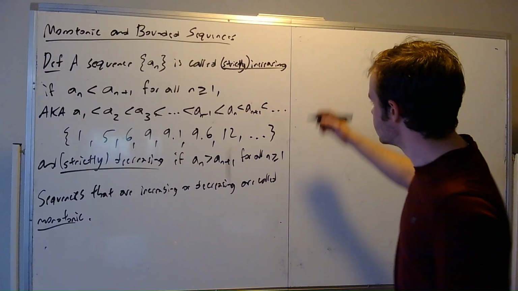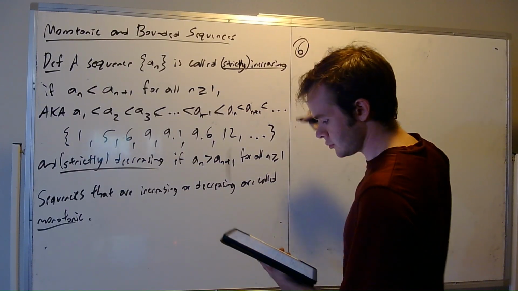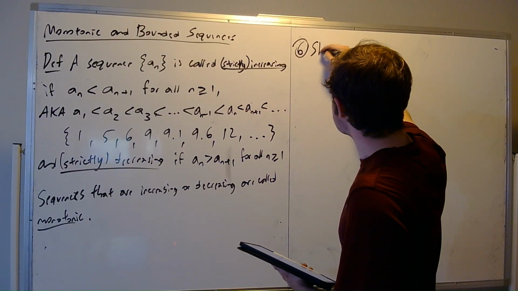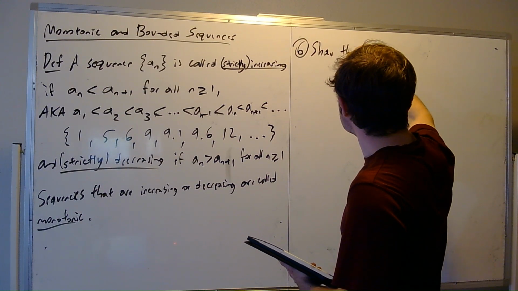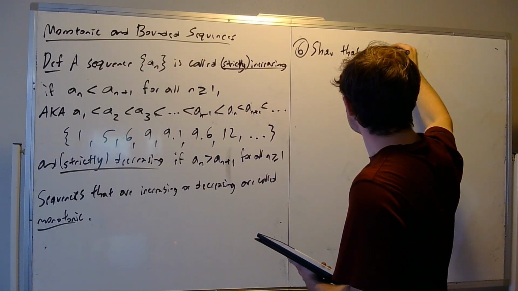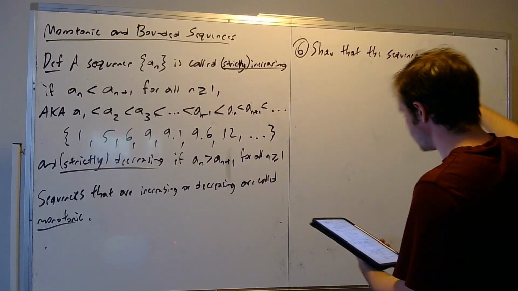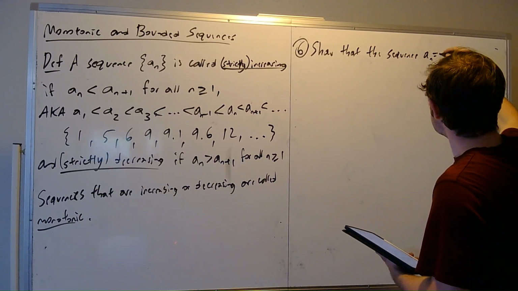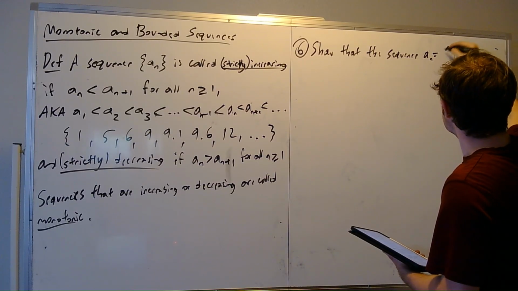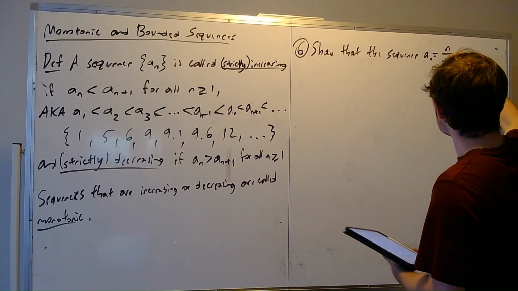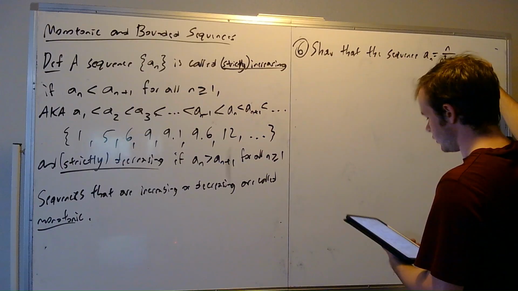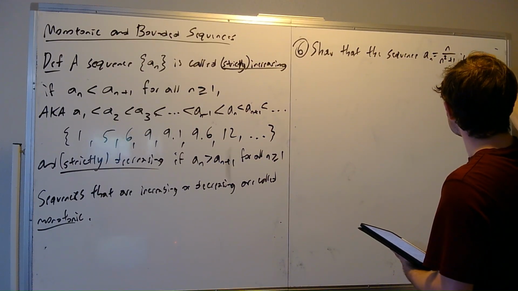Okay, so example number 6. Show that the sequence a_n equals n over n squared plus 1 is decreasing.